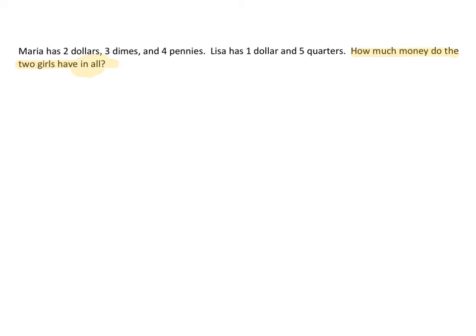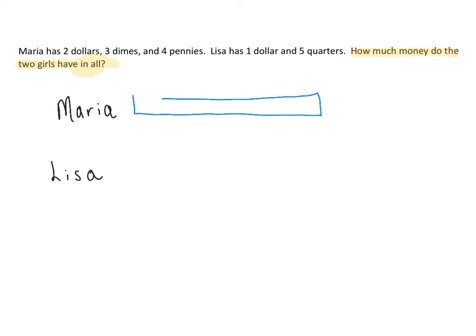We're going to have one that is Maria and another one that's for Lisa. And for Maria here, we have this amount. And for Lisa, we don't have as much as we have for Maria.